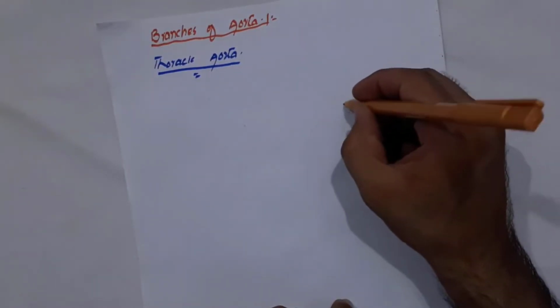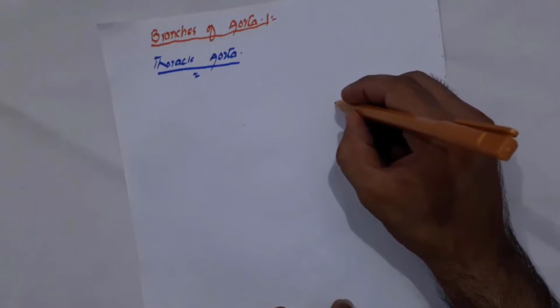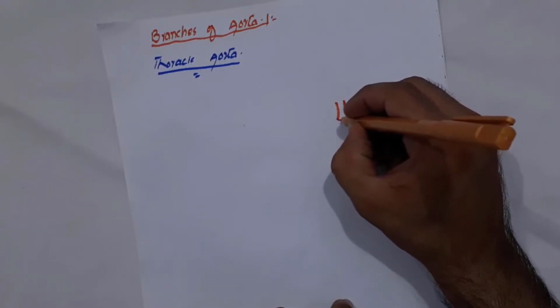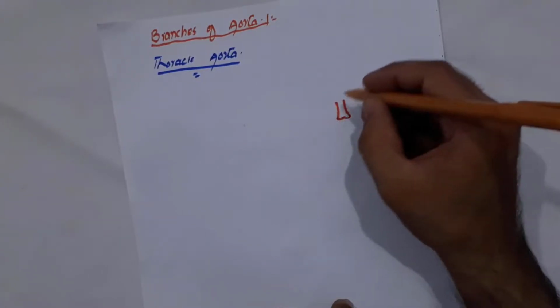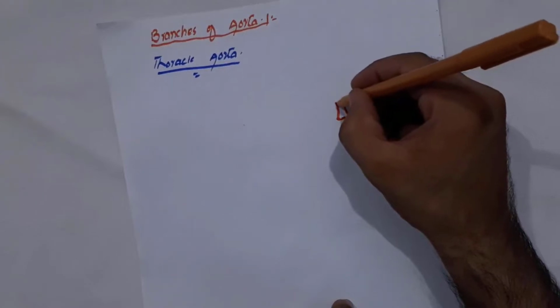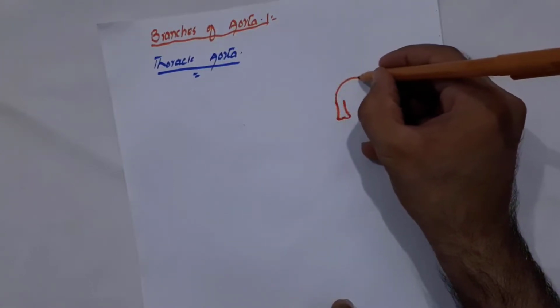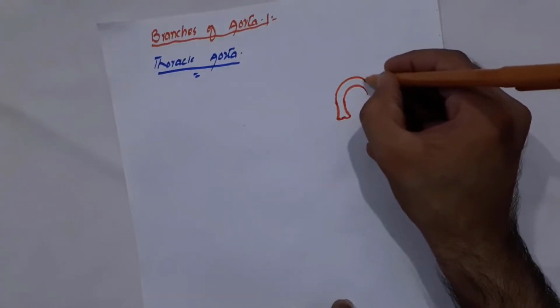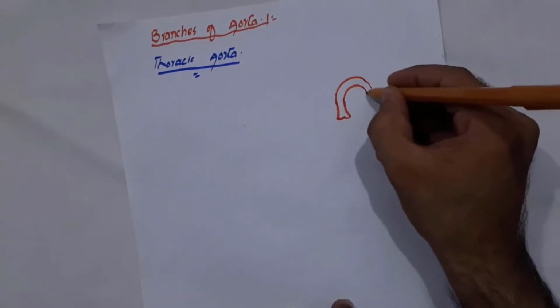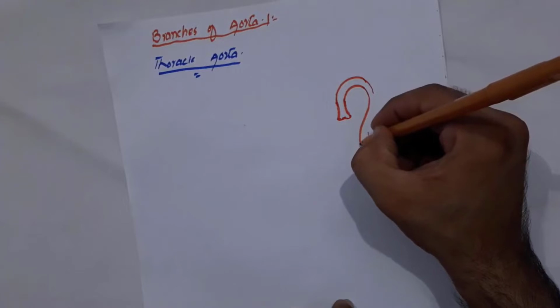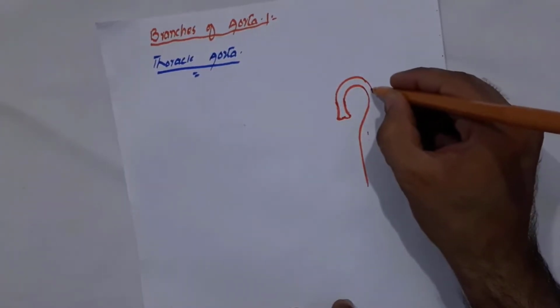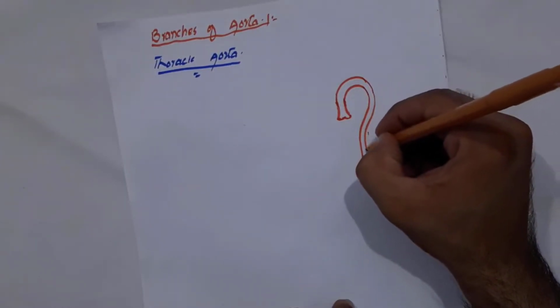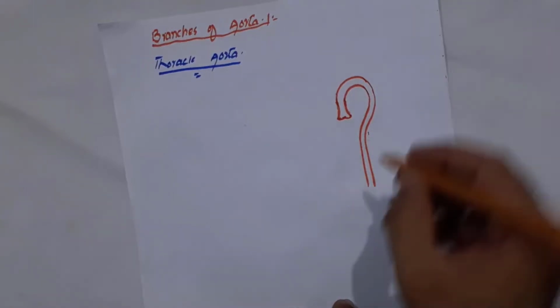So this is the root of the aorta, the aortic wall. Then it moves up and gives a curve. This is the aortic arch, and then it descends down. This is the descending thoracic aorta.